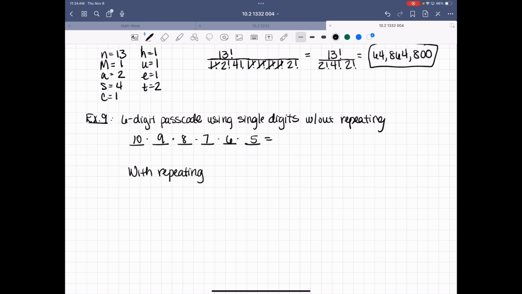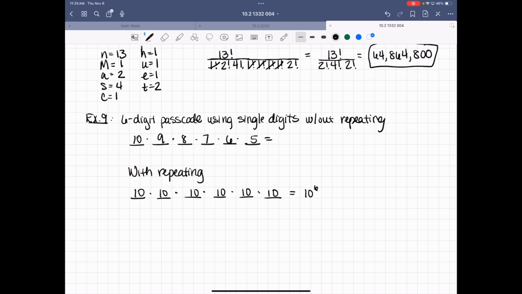okay, let's say we can repeat, we're still doing 6 digits. 1, 2, 3, 4, 5, 6. Okay, I have 10 possibilities in that first slot. I can repeat this time. So how many are in the second slot? 10. 10, 10, 10, 10. Guys, if you want to help yourself in the calculator and save yourself time, this is 10 to the 6th power.